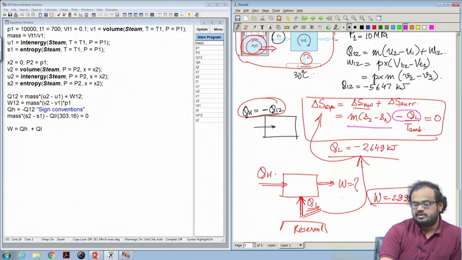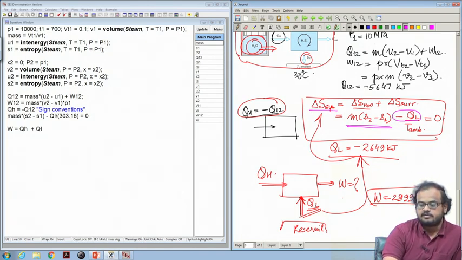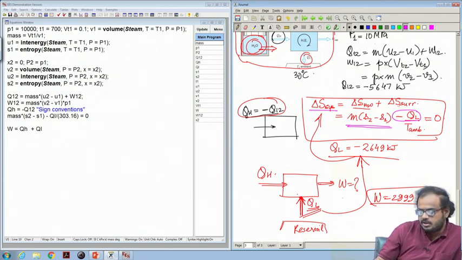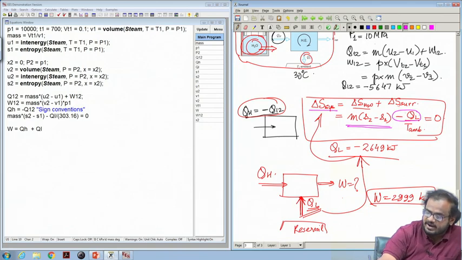This is the entropy change for the system, m into S2 minus S1. So combining this, we have delta S of the system, which is 0, because the overall process is said to be reversible. There is no entropy generation in the entire process.